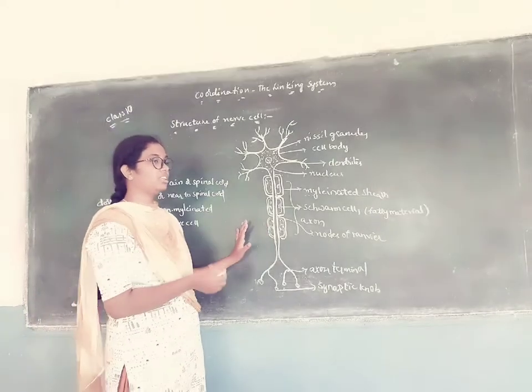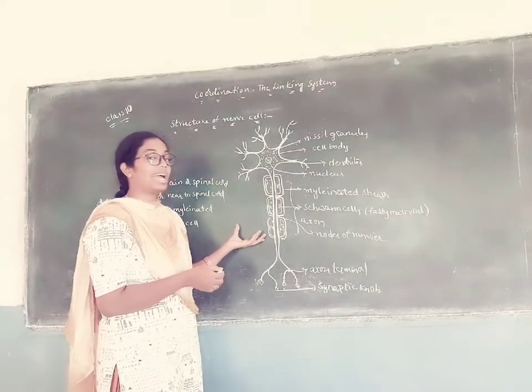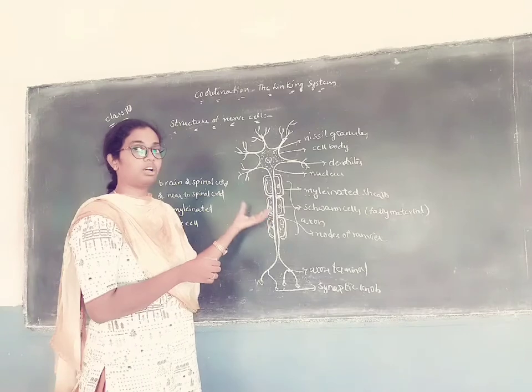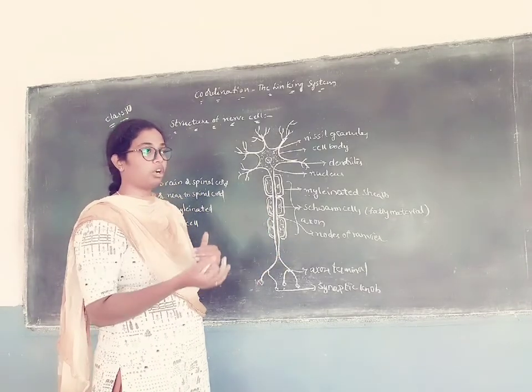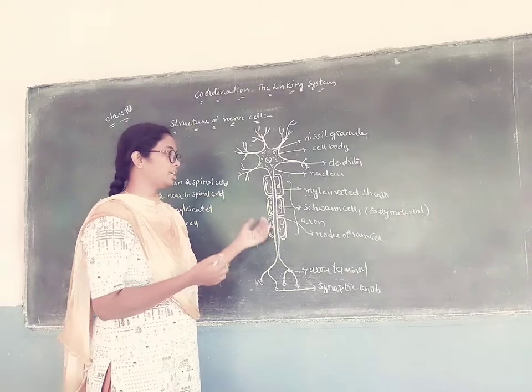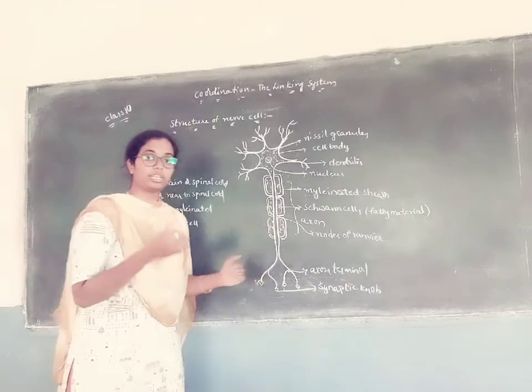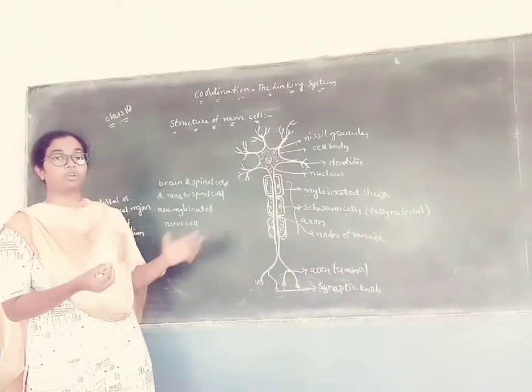If the myelinated sheath is present, we can simply consider it as an axon. If the myelinated sheath is absent, it is more difficult to tell.